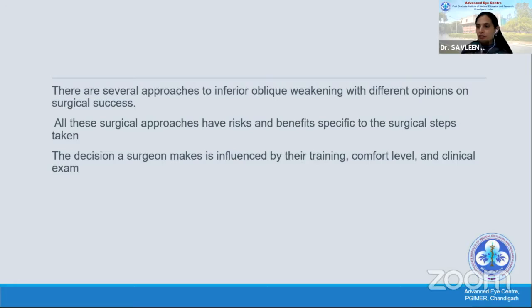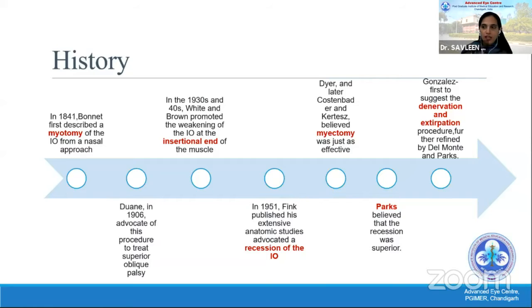All these approaches have their own risks, have their own benefits, and the decision to choose the process of an inferior oblique surgery is often influenced by patients' clinical examination, coupled by the training and the comfort level of the surgeon, I believe.